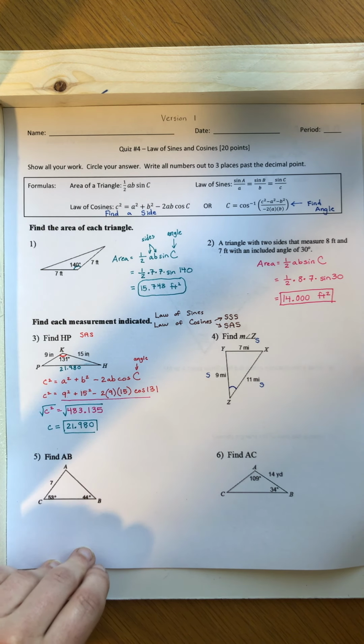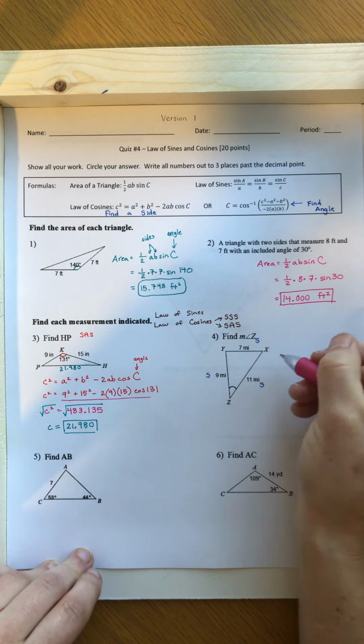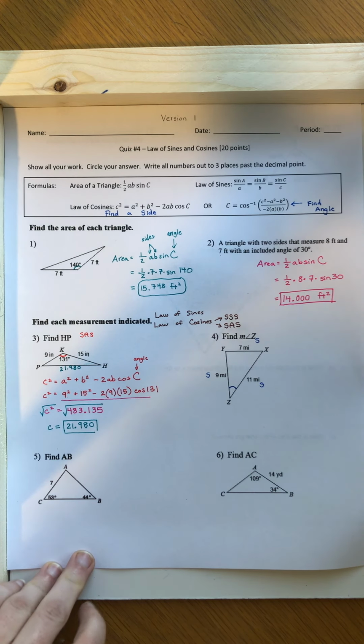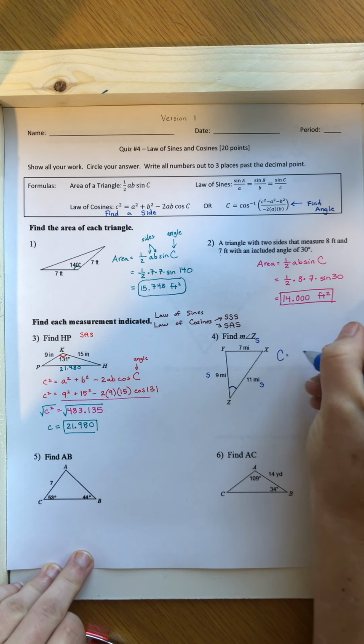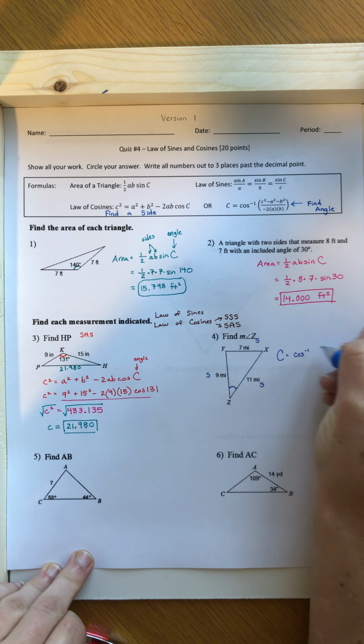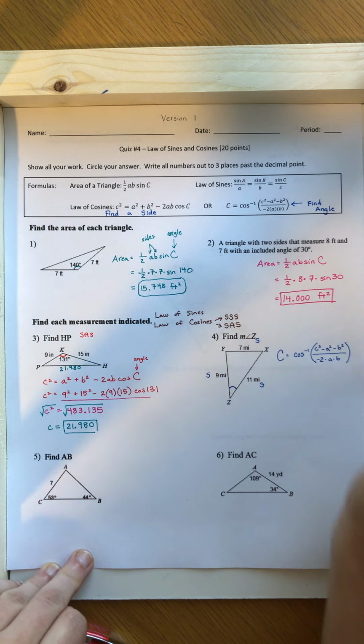Now the most important part about this problem is labeling it correctly. So I'm going to write out the formula first, which is big C equals inverse cosine of c squared minus a squared minus b squared divided by negative 2 times a times b.